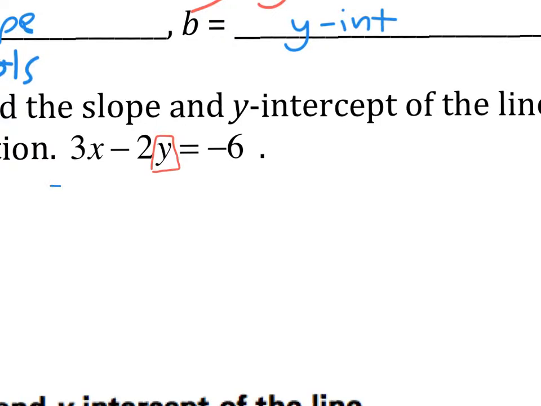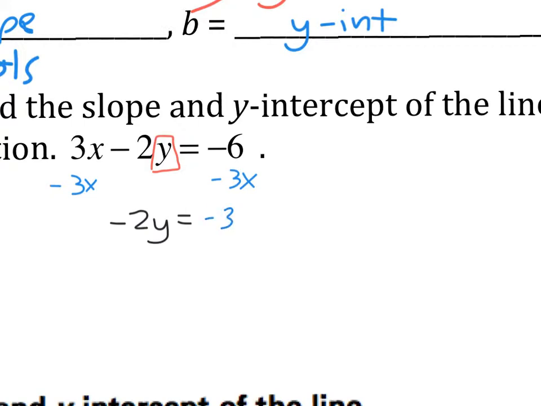First, I'm going to shift the x over by taking the inverse. Don't forget to bring down the negative 2, not just a 2, but a negative 2y. Although we can read this as negative 6 minus 3x, because slope-intercept form has the x first, I'm just going to write that first.